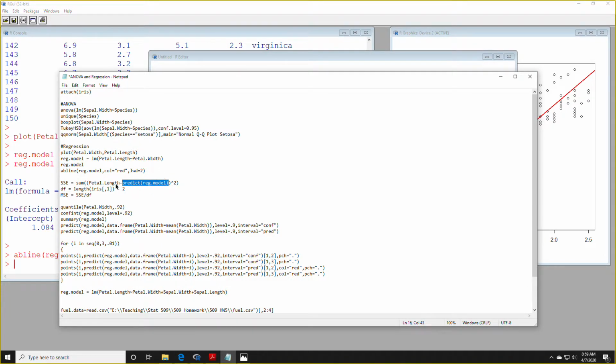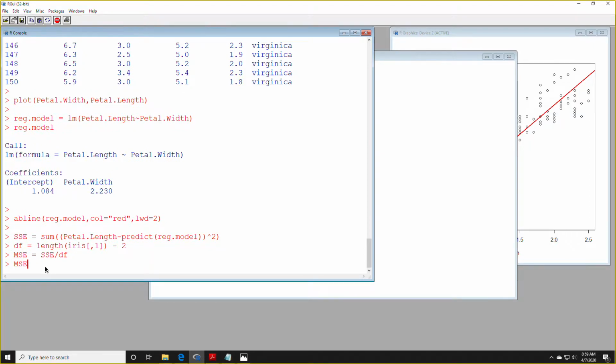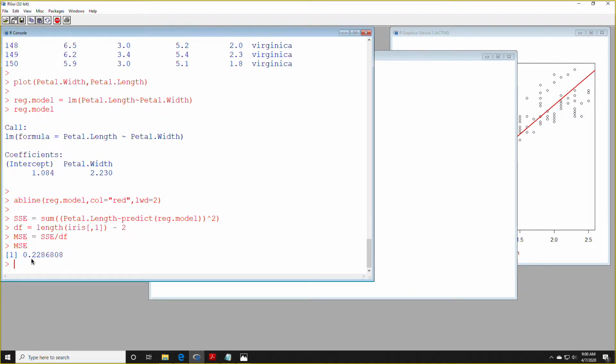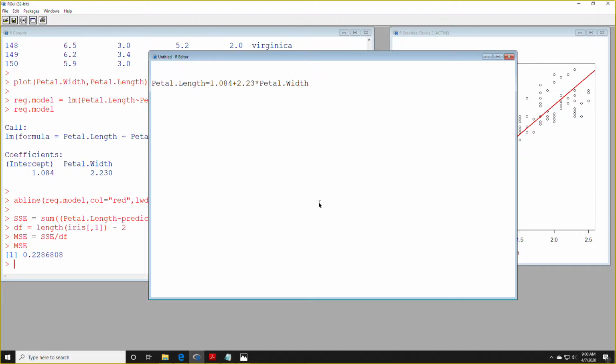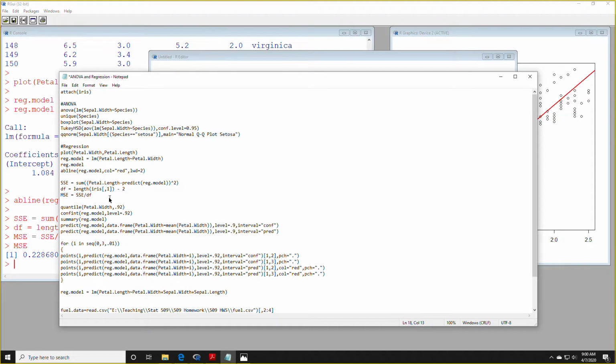So we have our residual sum of squares, we have our degrees of freedom. This length is just n, so n minus 2. So error sum of squares divided by n minus 2, as we just saw a few minutes ago, that is our unbiased estimator for the variance. And it looks like about 0.2 for the error variance, right? Sigma squared.